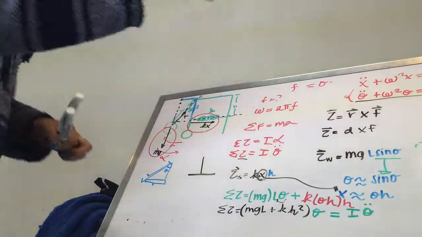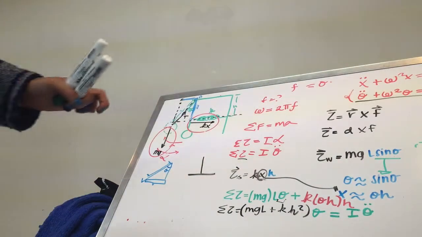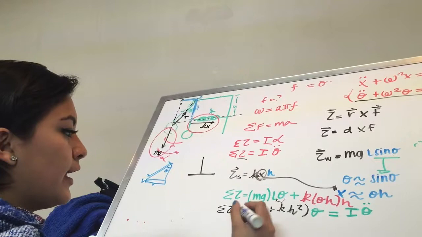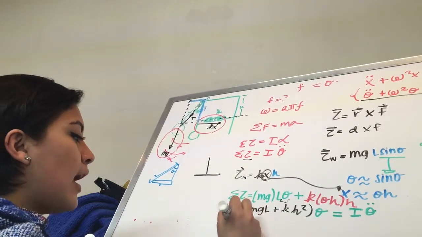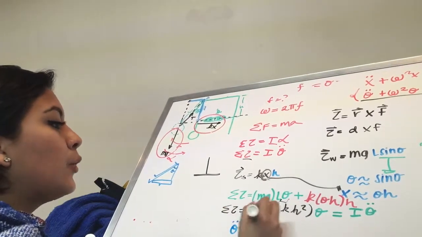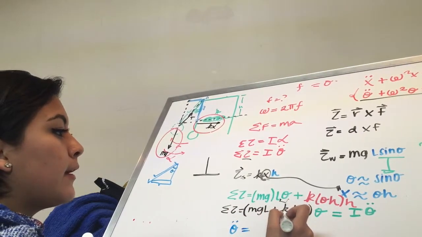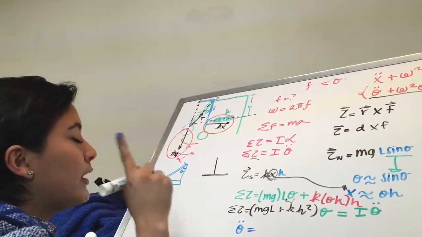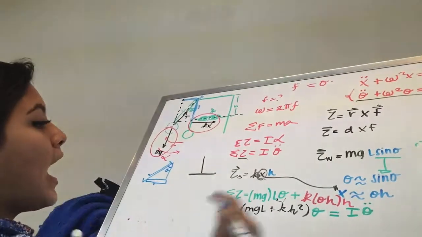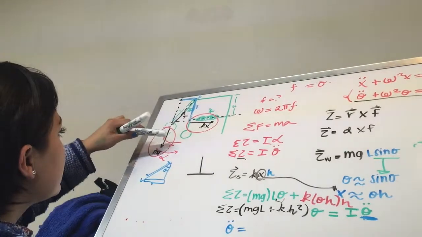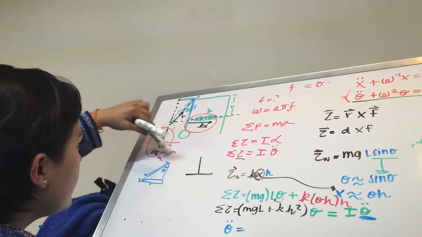And now let me take out this. So we're going to make first that our angular frequency would be equal to the another really important thing is our angular acceleration working here is going to the other side of the movement.